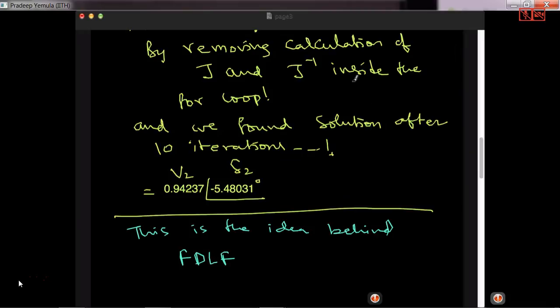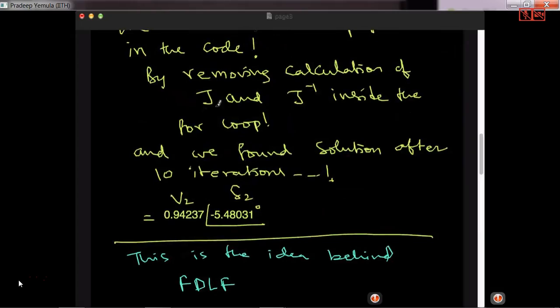The idea is: let it take more iterations, but it will converge fast. It will converge fast because it takes less calculation, as J and J inverse are not calculated in every iteration.